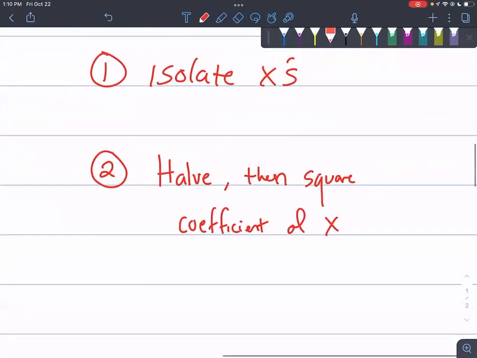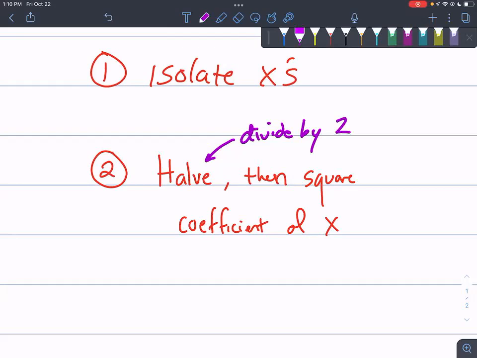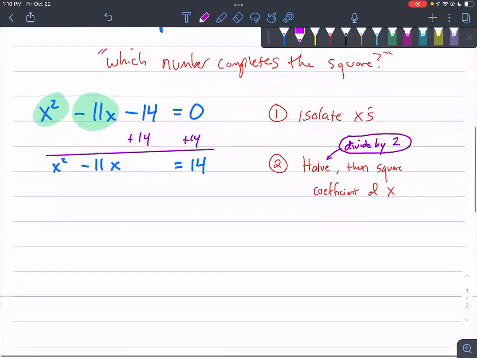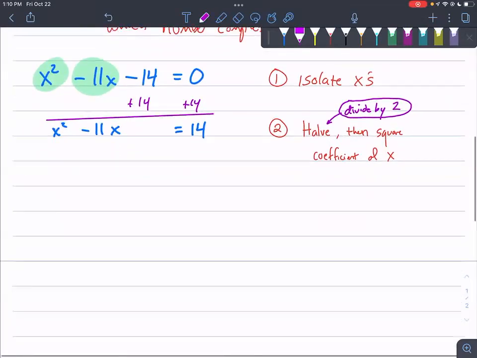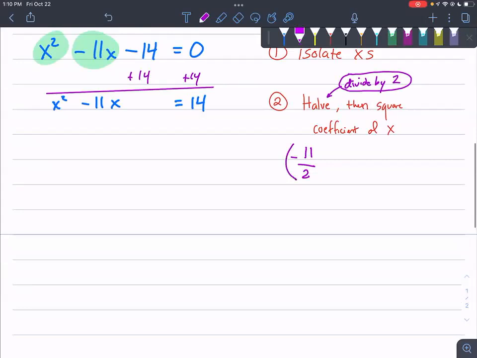So when I say halve, that just means we're going to divide it by, you can probably guess, 2. So that's going to be negative 11 divided by 2. That's the halving.